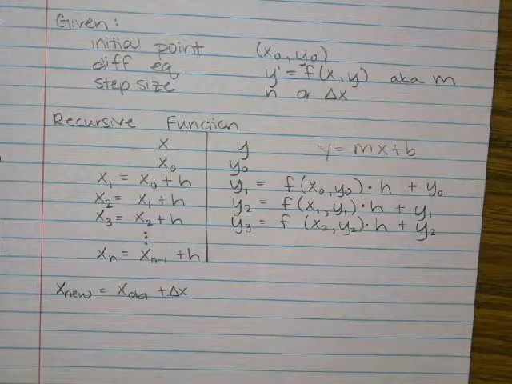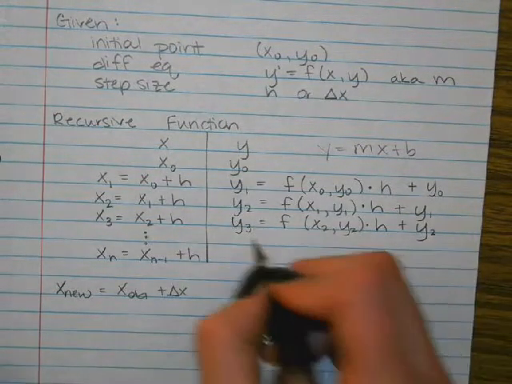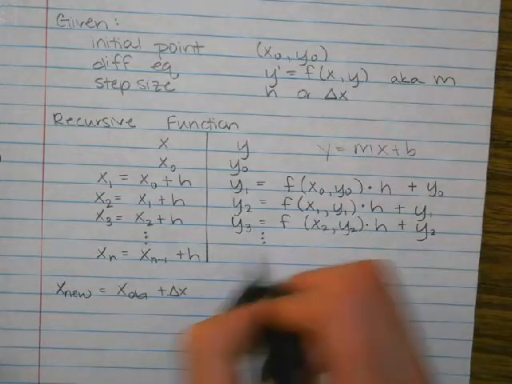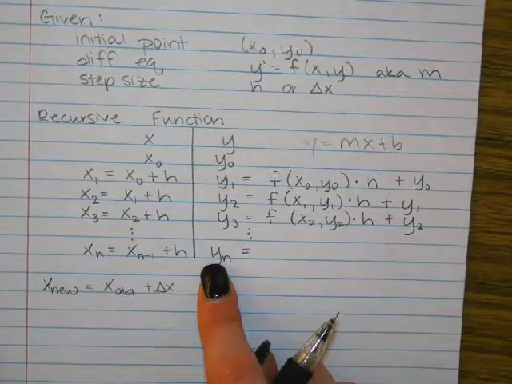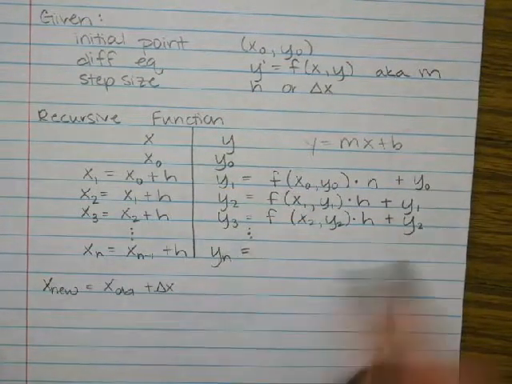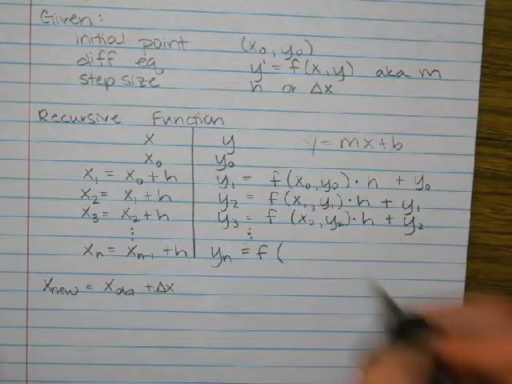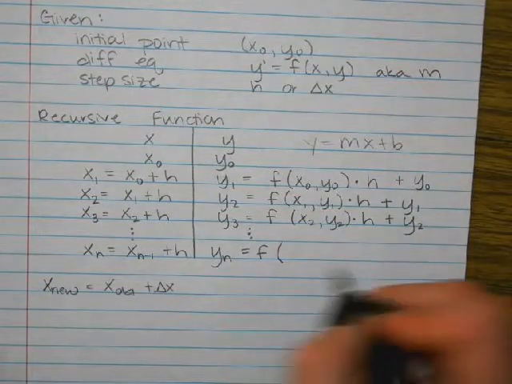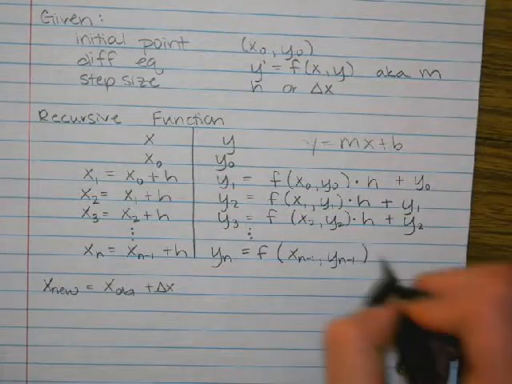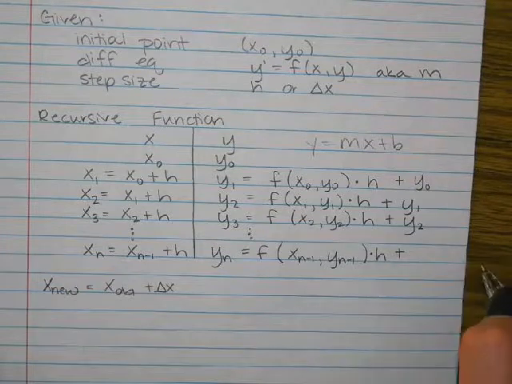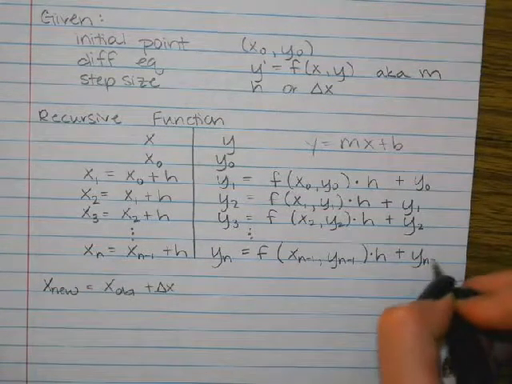So this is the tedious part. You guys seeing it? The tedious. All right. So if we jump down here and say now we want to write the nth y-coordinate, what would we have? We're plugging a point into the function. What are we plugging into the function? x sub n minus 1 and y sub n minus 1, times h, plus y sub n minus 1.